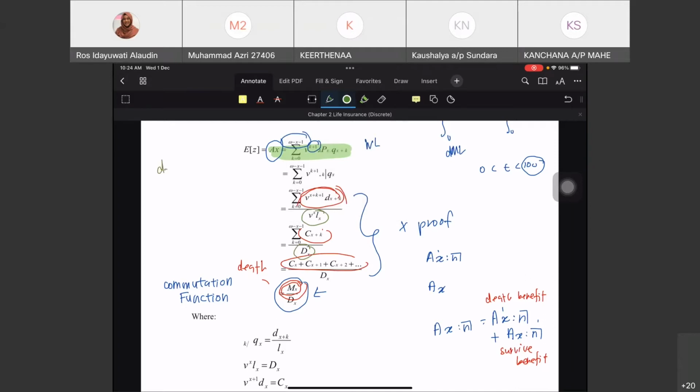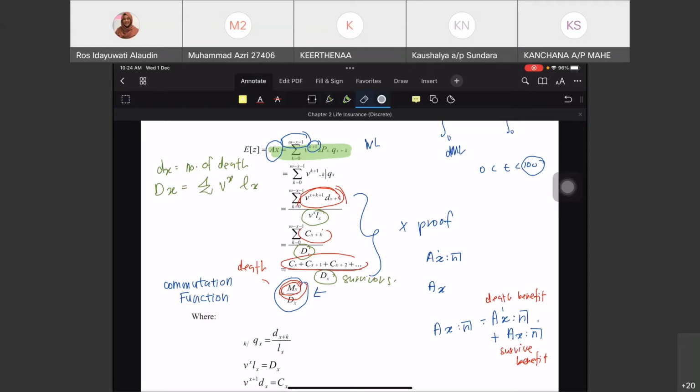So small dx is for number of death, the big DX is the summation of discounted function and the survivors. So the big DX is about the survivors. Okay, it's about the survivors.